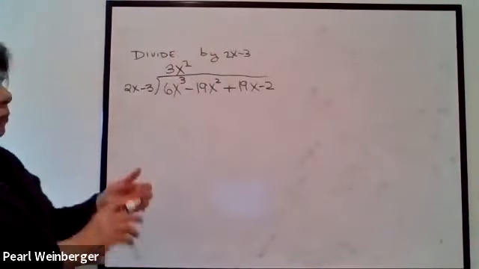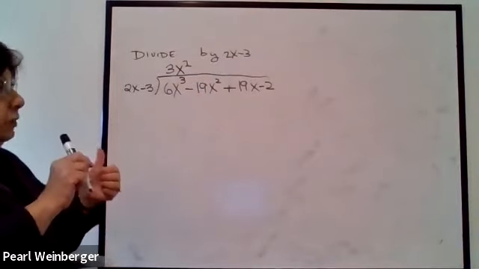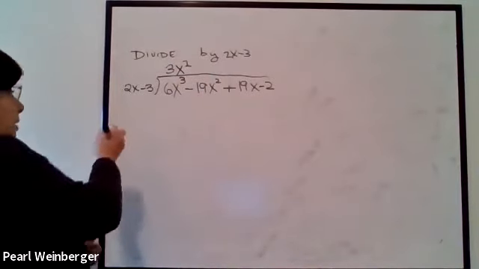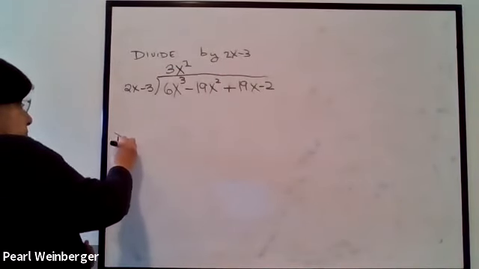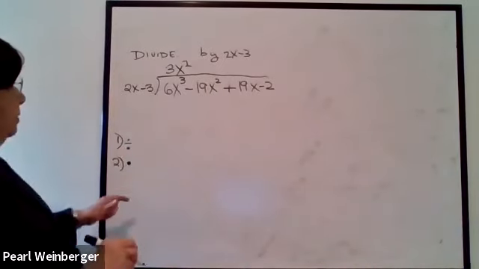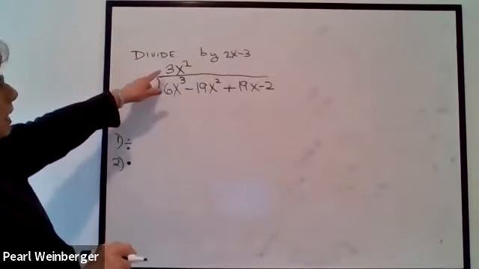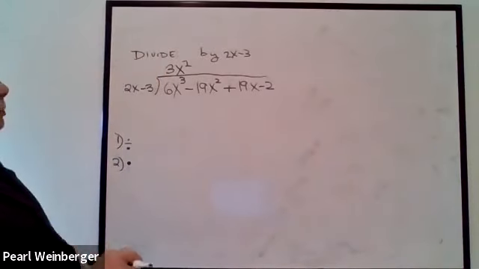Okay, now if you remember what the steps were. The steps were first to divide, which we just did. I'm going to put the steps over here. The first step is to do the division. The second step is to multiply. We take what we put on top and we multiply the whole binomial by it.